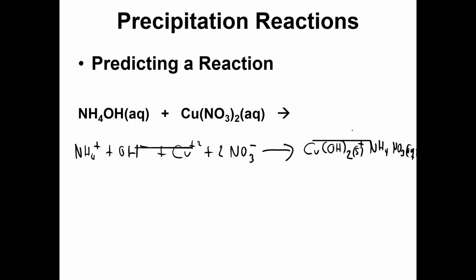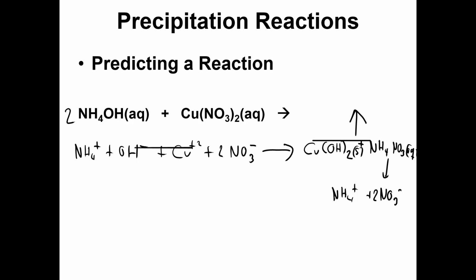And I messed it up again, right? This is supposed to go up here. This splits into NH4 plus and nitrate ions, NO3 minus, and we have 2 of those. We haven't balanced that yet, so we're going to have to balance that.